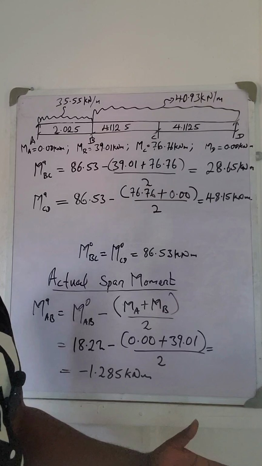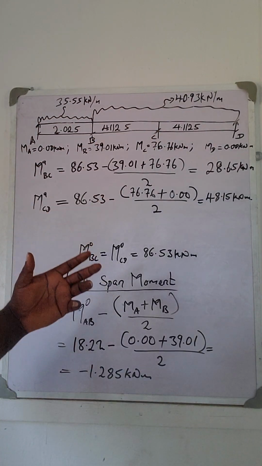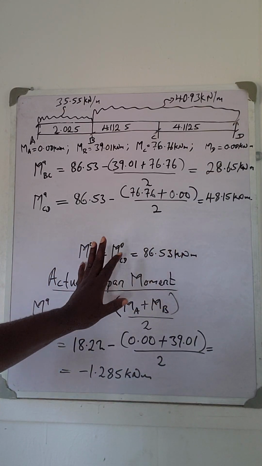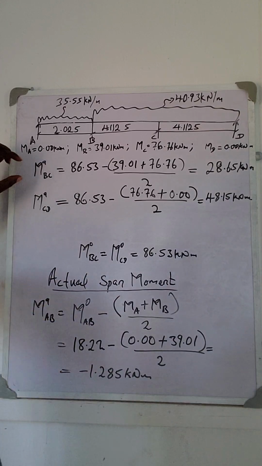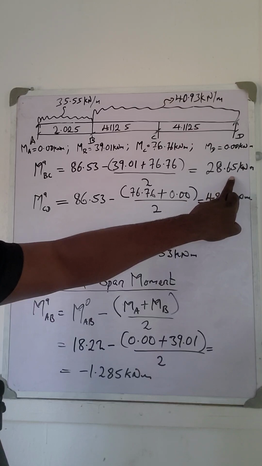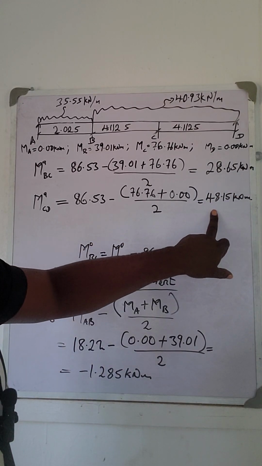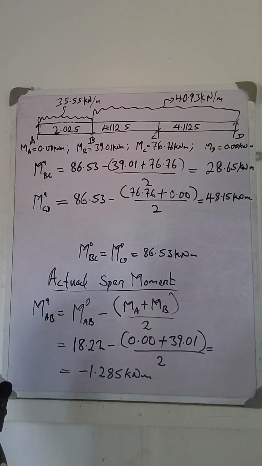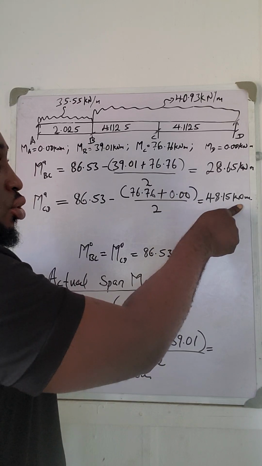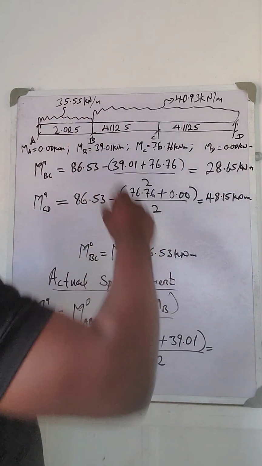Now the actual moment, taking into cognizance the support moment, has reduced the free span moment between B and C and C and D. Actual span moment between B and C is now equal to 28.65. Actual span moment between C and D is now equal to 48.15. So this is the correct, accurate value to design for your beam.